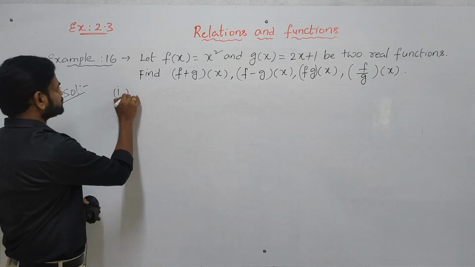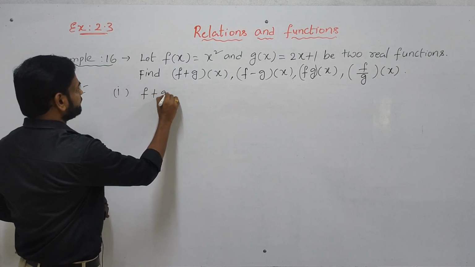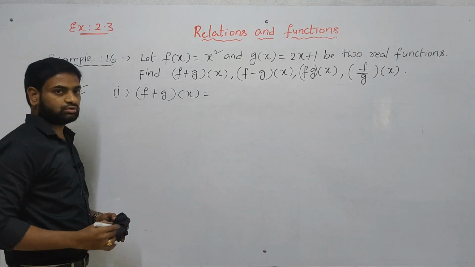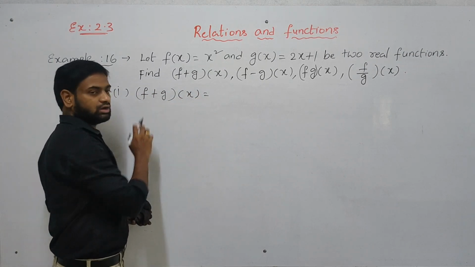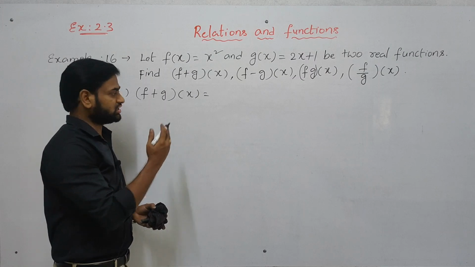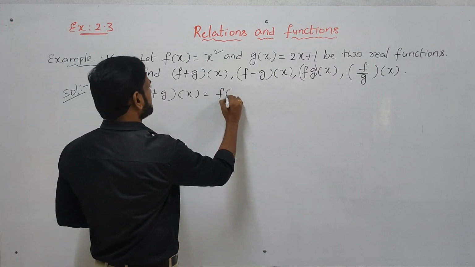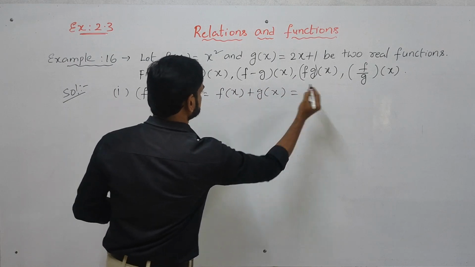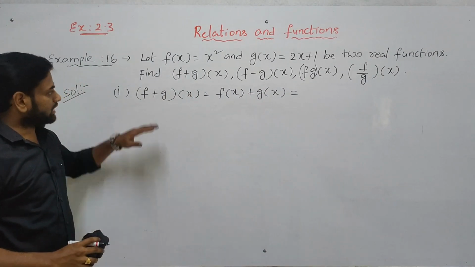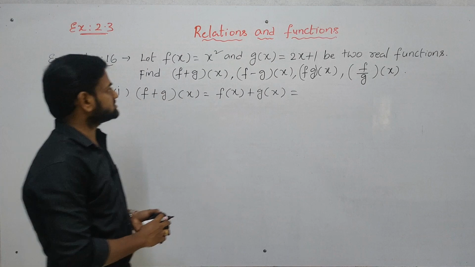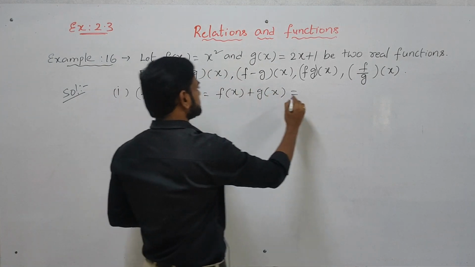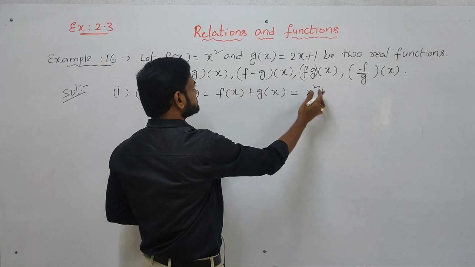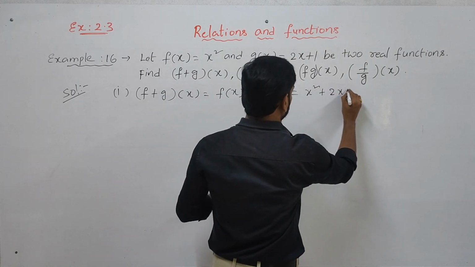Now see here, what we have to find first is f plus g of x. There is a formula for f plus g of x, that is f of x plus g of x. f of x is x square plus g of x is 2x plus 1.